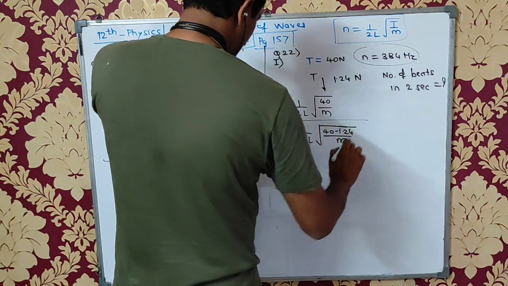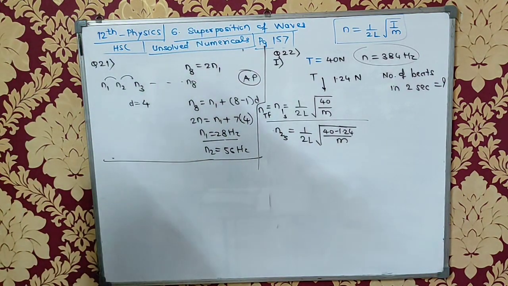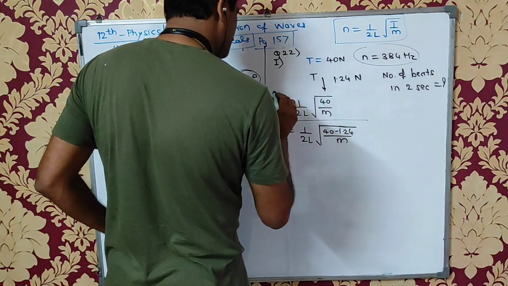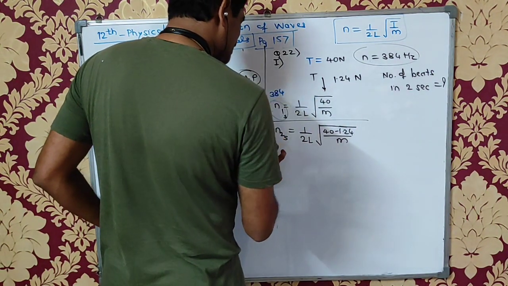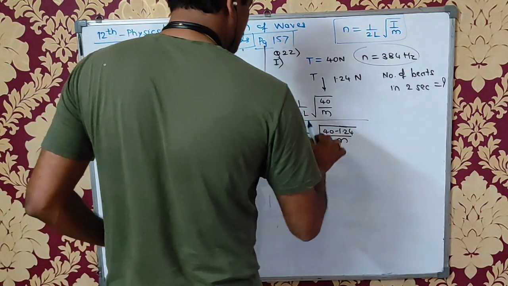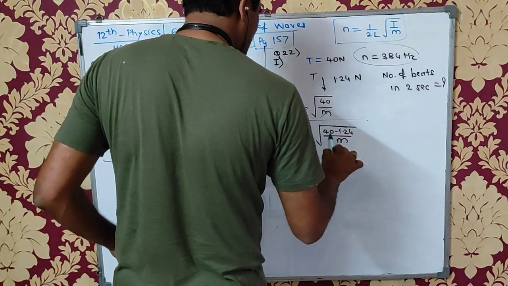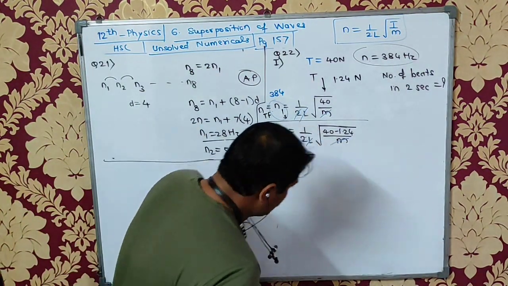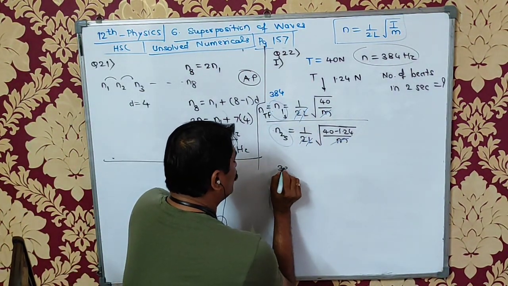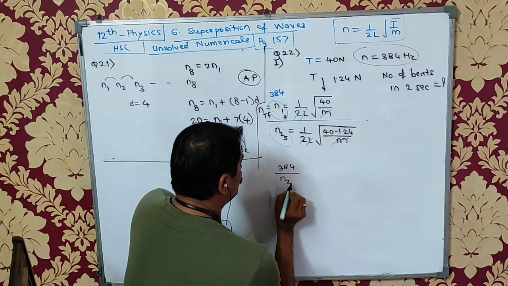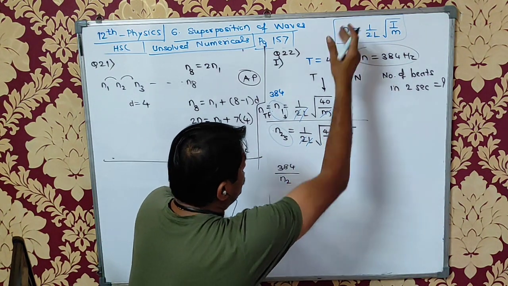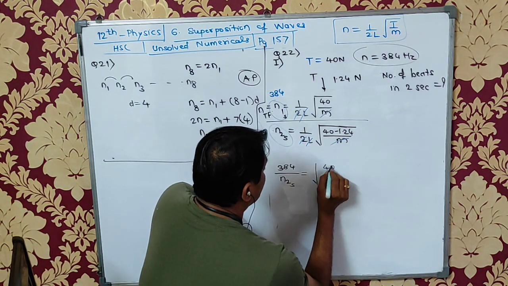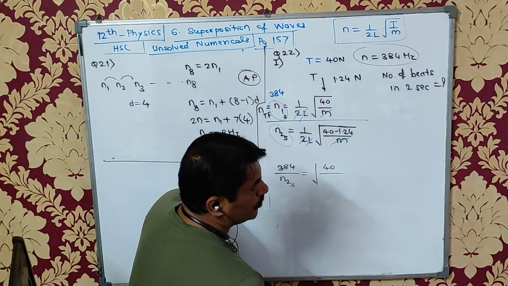तो I take the ratio of these two. इन दोनों का ratio मैं ले लेता हूँ और मुझे पता है कि भाई ये जो frequency है, this is equal to tuning fork का frequency, मतलब 384 hertz. तो यहाँ से मुझे N2 मिल जाएगा because this is one equation जिसमें 2L gets cancelled, m gets cancelled. So what remains there? This will give me 384 upon N2, frequency of the string in the second case, is equal to square root of 40 upon 40 minus 1.24.